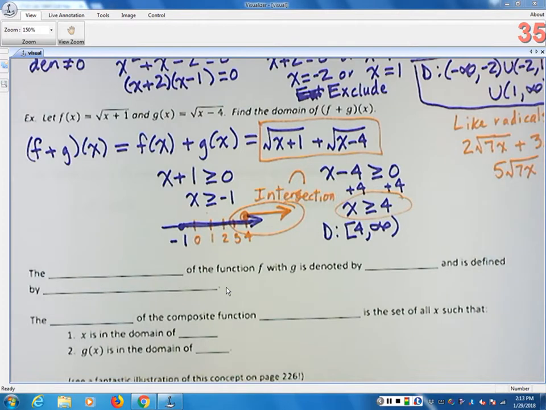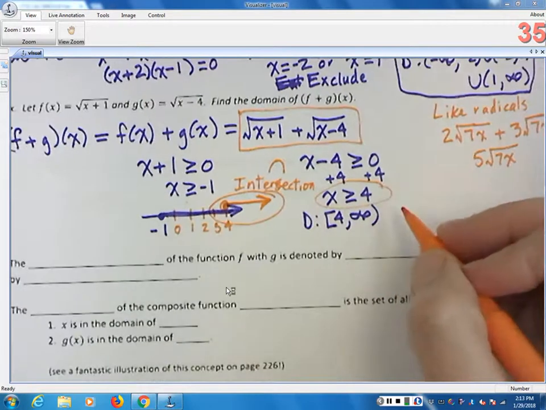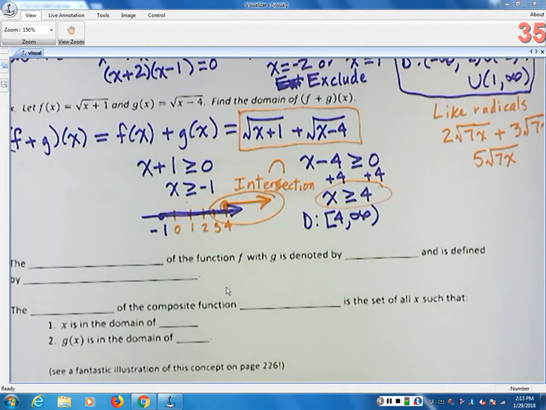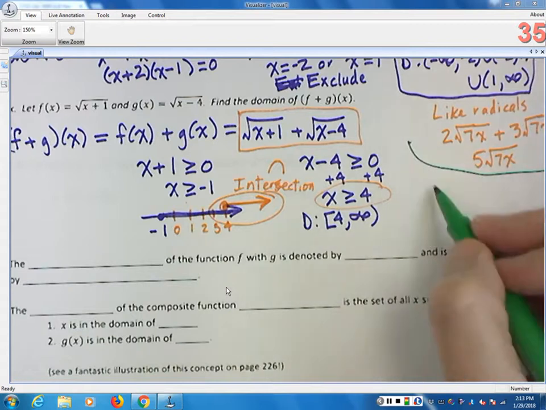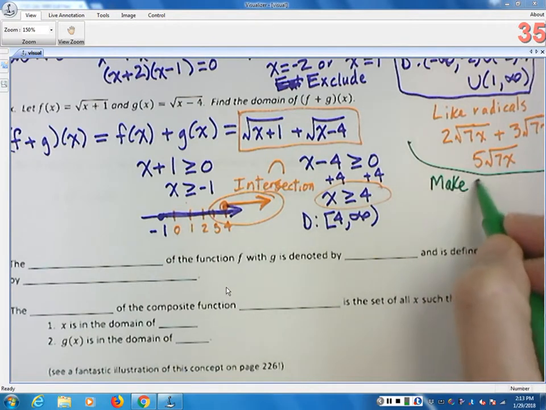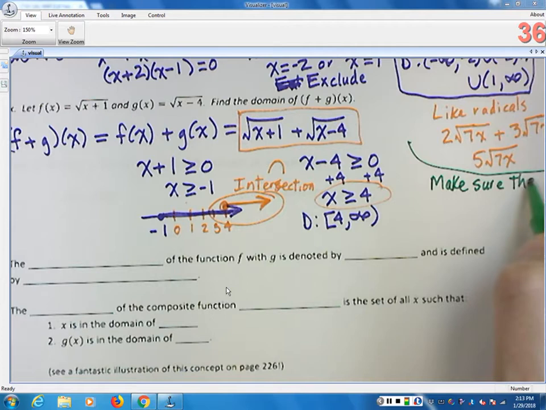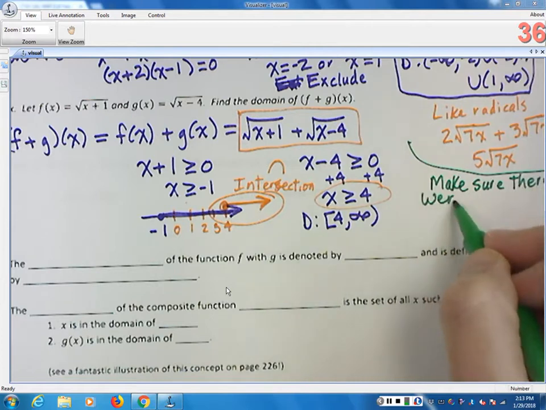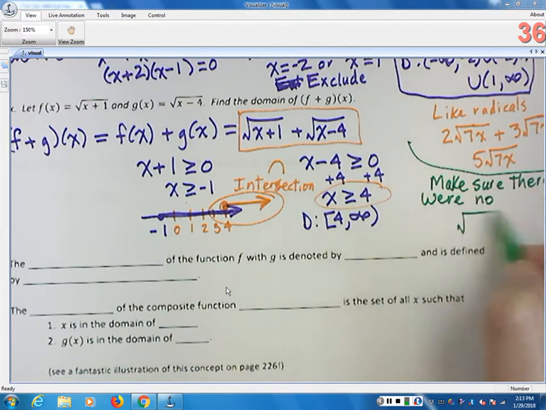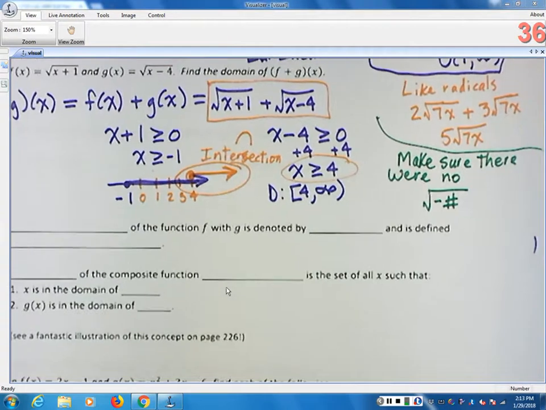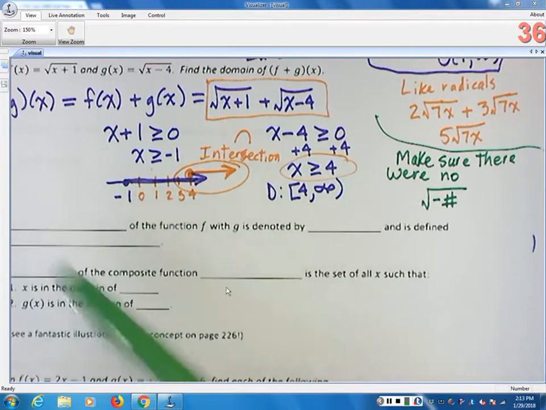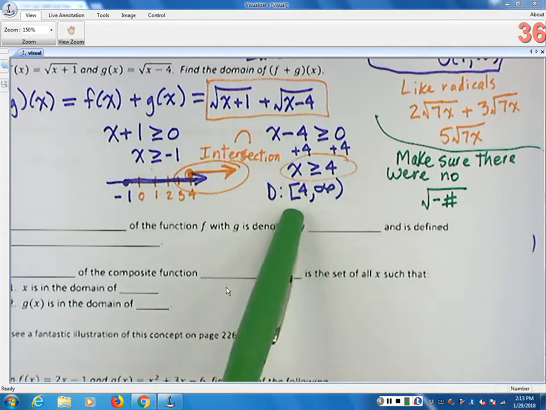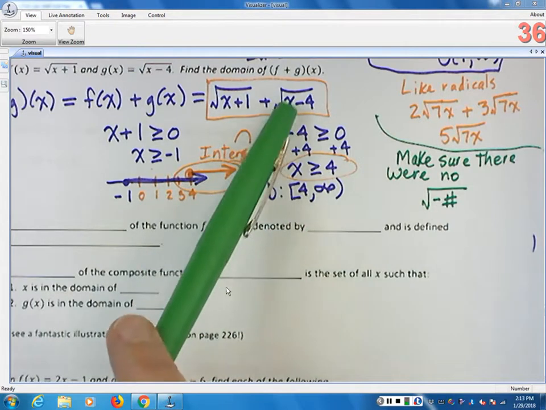So I wrote on my fill-in notes, you have to make sure there were no square roots of negative numbers. So when you're trying to figure out which one it is, if you used 3 in here, you got -1.